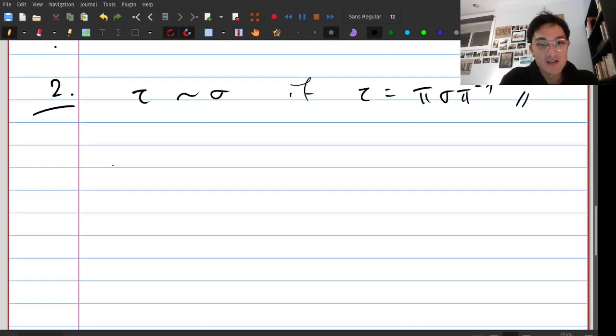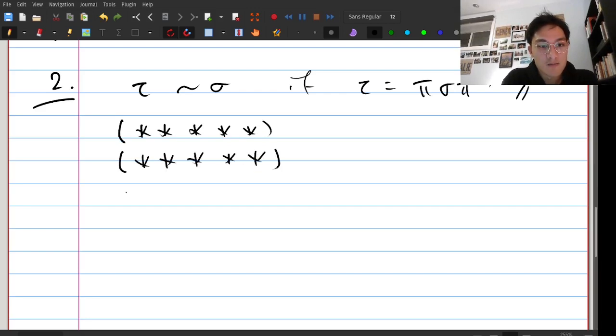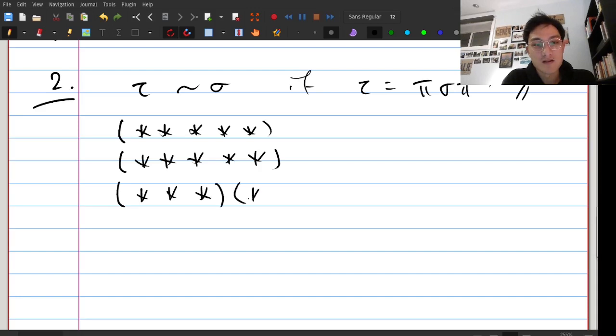Okay, so I'm going to explain. There are 7 different types of cycle structures in S5. You could have a 5 cycle. You could have a 4 cycle. You could have a product of, remember, these are disjoint cycles. You can represent a permutation by disjoint cycles. So it could be a 3 cycle and then a 2 cycle.